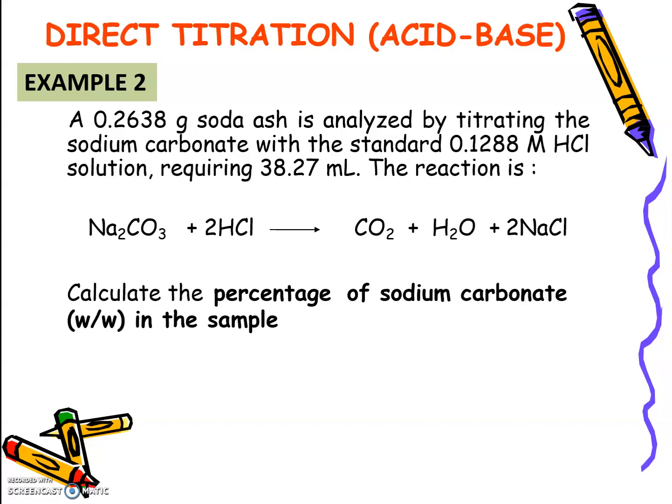Okay, so the reaction is, after the equation has been balanced, 1 mole of sodium carbonate reacts with 2 mole hydrochloric acid to form product 1 mole carbon dioxide plus 1 mole water H2O plus 2 mole of sodium chloride. Calculate the percentage of sodium carbonate weight per weight in the sample.